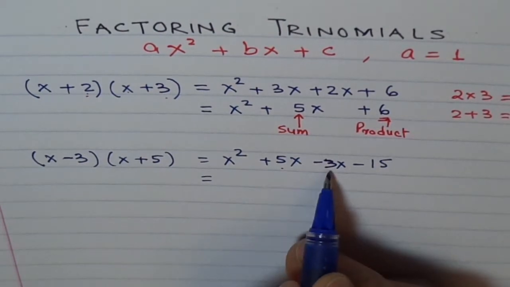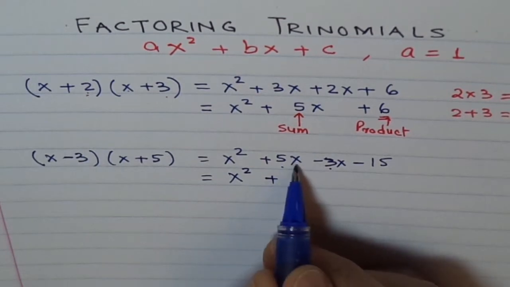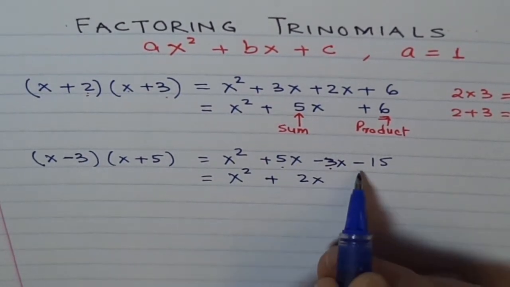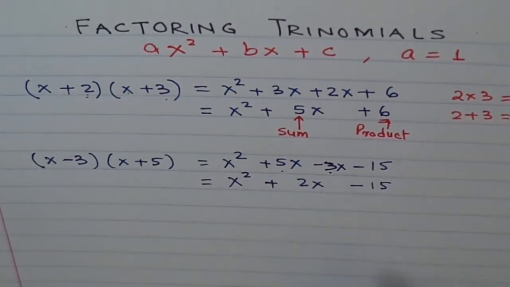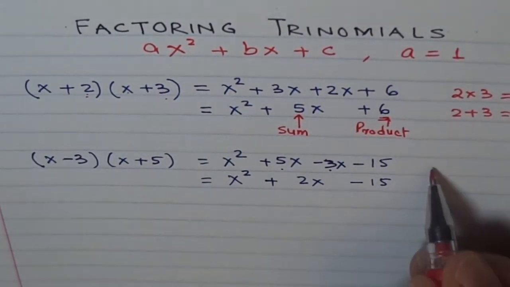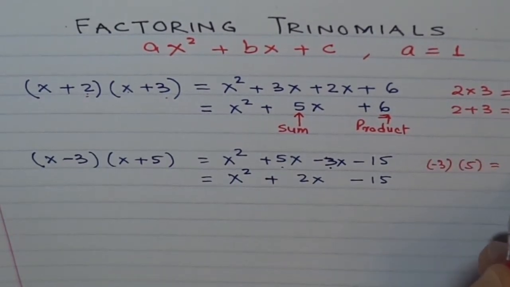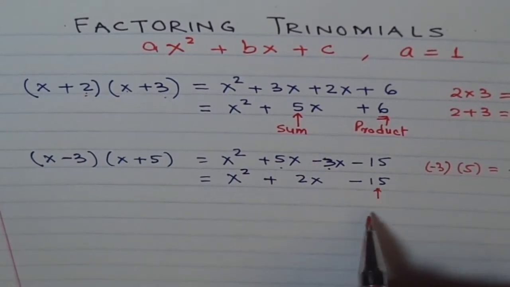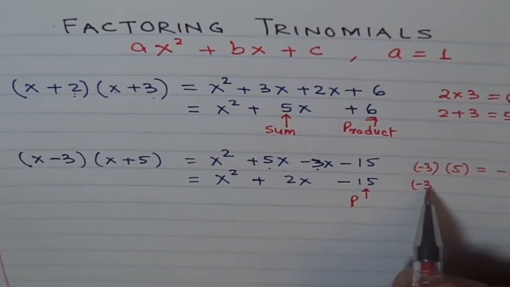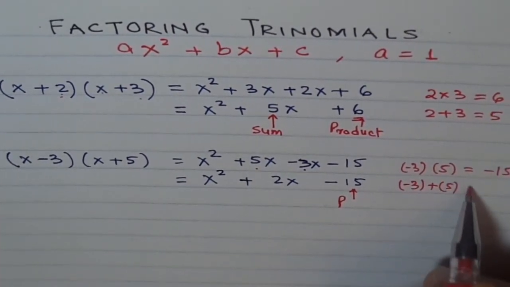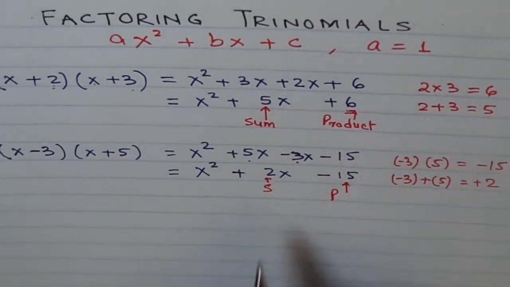Now we can combine the like terms: plus 5x minus 3x is 2x, minus 15. Again you will notice that minus 3 times 5 is minus 15. This is the product. I'll write P now. And if you add these terms, minus 3 plus 5, you get plus 2, and that's the sum.